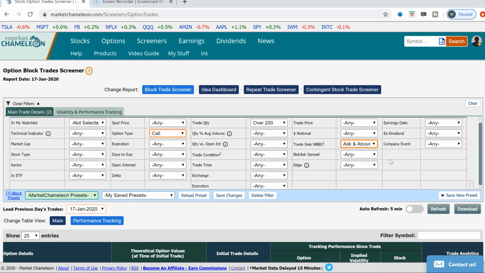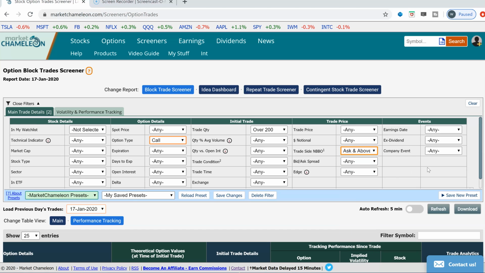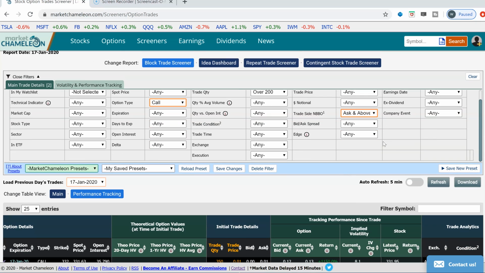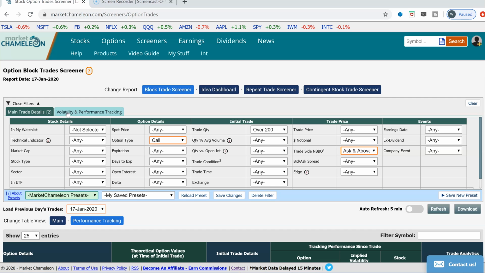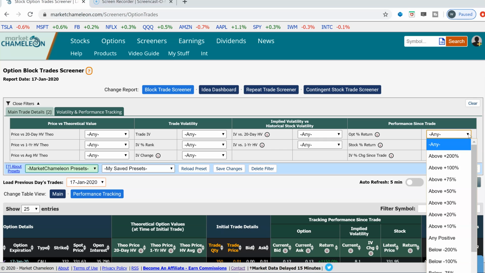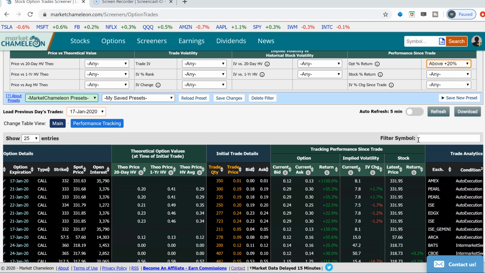So I'm interested in just call options that traded on the ask or above, and I want to look for options that are up since the trade. So now I'm going to go to the performance tracker, and I'm going to say I'm only interested in options that have gained at least, let's put 20% or more from the initial trade. So I filtered this out.